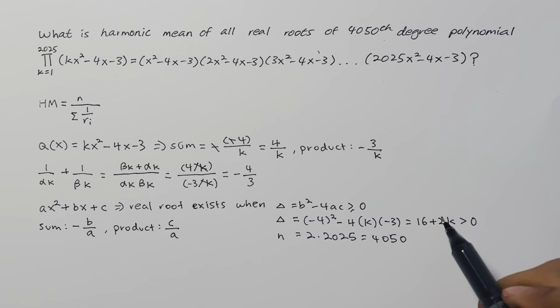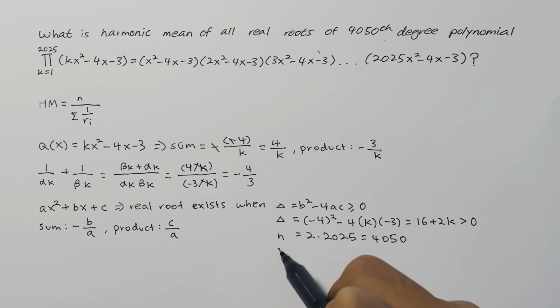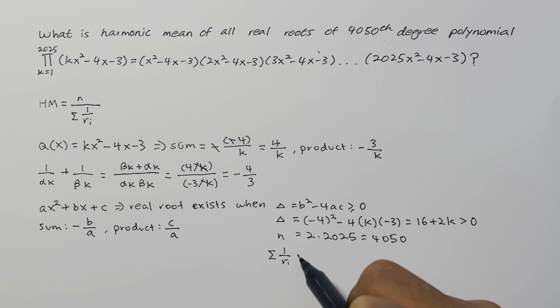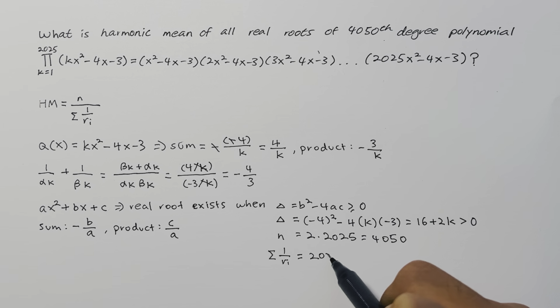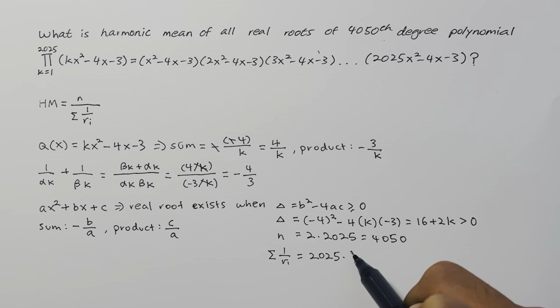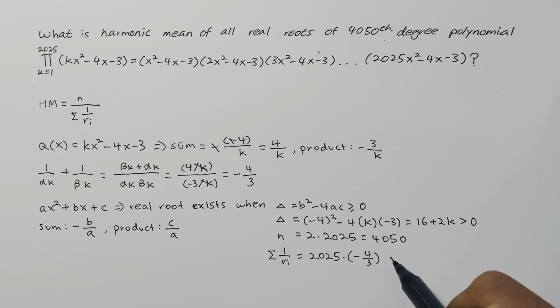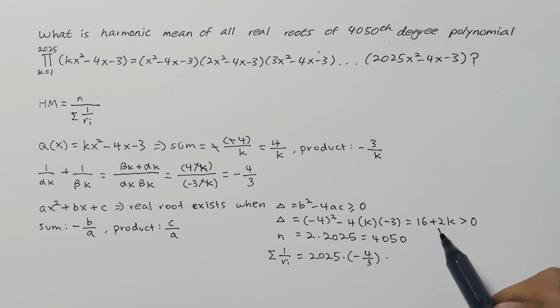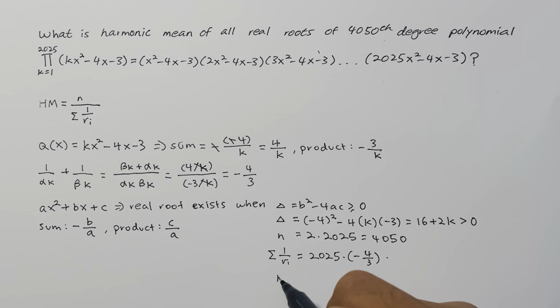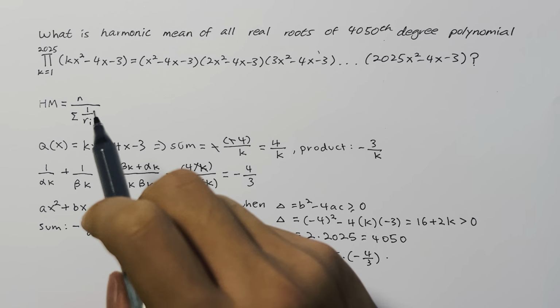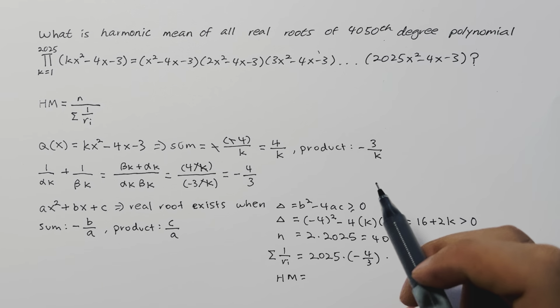Phase 4 is the final assembly and calculation. We have acquired our two target values: n equals 4050, and the total sum of reciprocals is the sum for each of the 2025 factors. So the summation of 1 over Ri equals 2025 times negative 4 over 3. So the harmonic mean will equal, as shown in the formula, n divided by the summation of 1 over Ri.